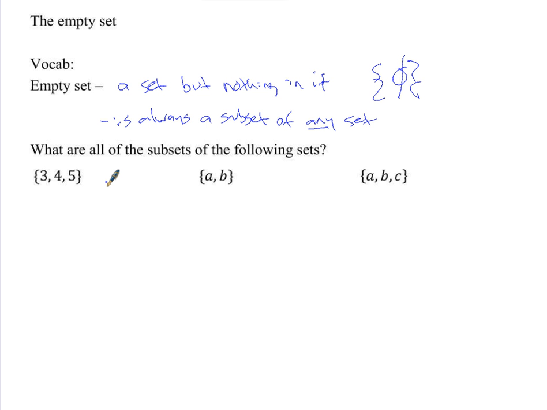It just so happens that everybody is still standing. Okay, so that's still a subset. So 3, 4, 5 is a subset. Then each element on its own is a subset. So 3 is a subset, 4 is a subset, 5 is a subset.